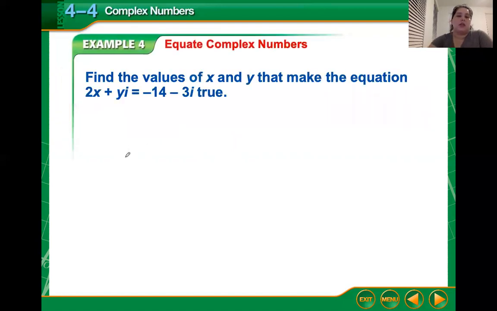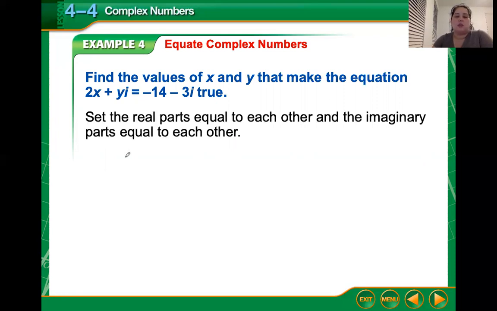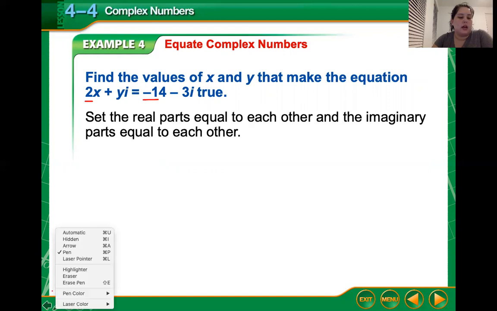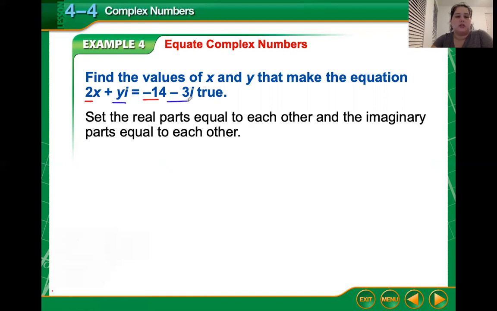So we're going to find the values of x and y that make the equation 2x plus yi equals negative 14 minus 3i true. So we're going to set the real parts, which is 2x and negative 14, equal to each other. And then we're going to set the imaginary parts equal to each other.